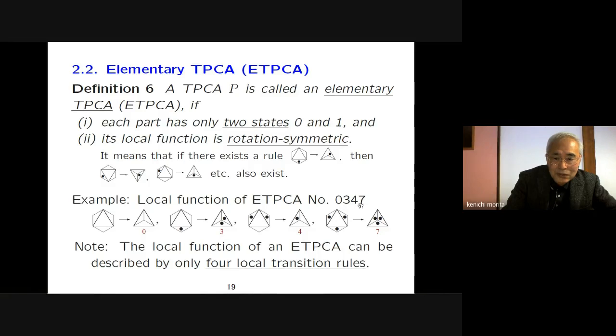Number 0347. In ETPCA, the local function of it can be described by only 4 local transition rules because it satisfies rotation symmetry.